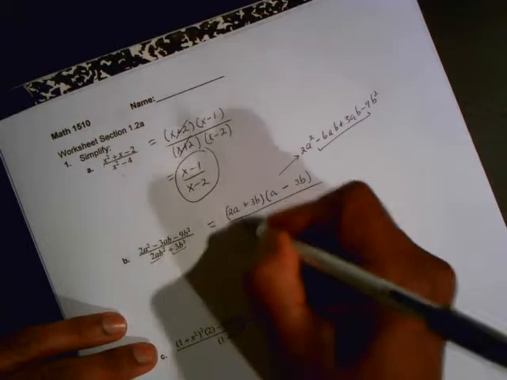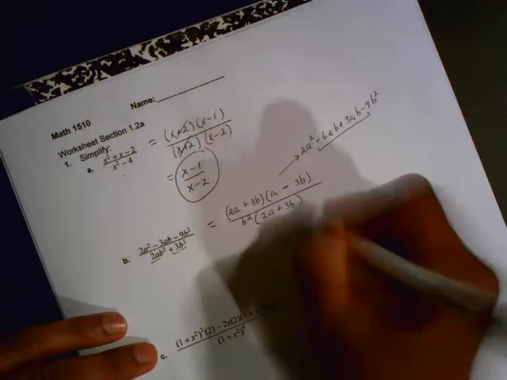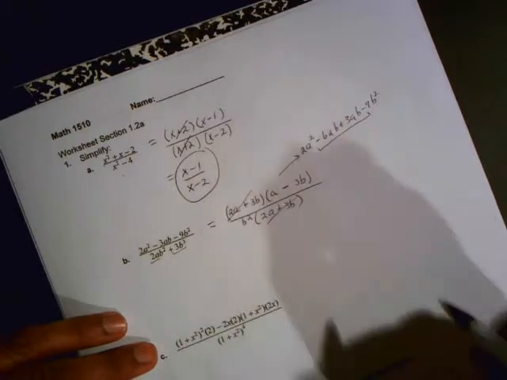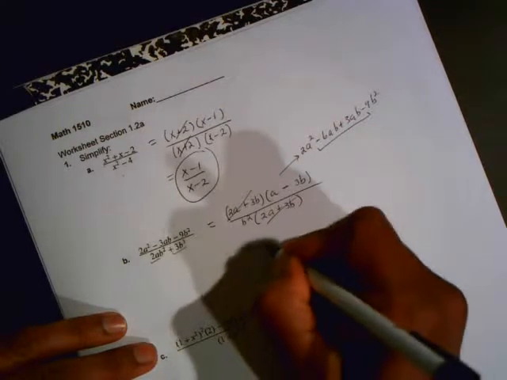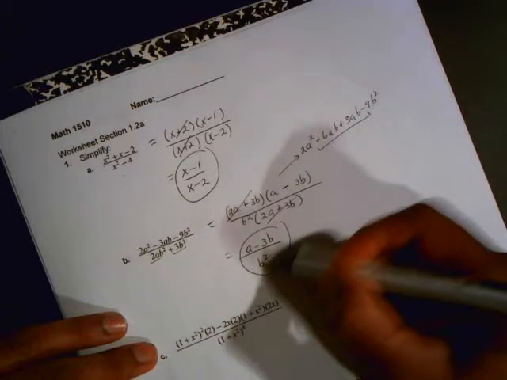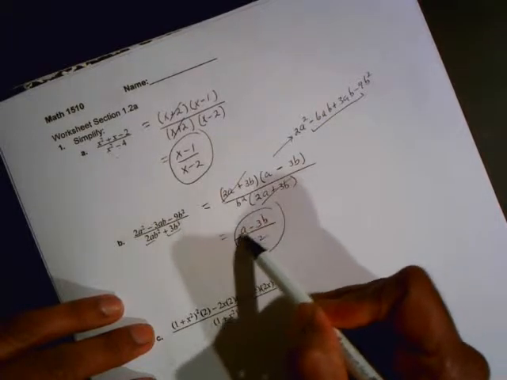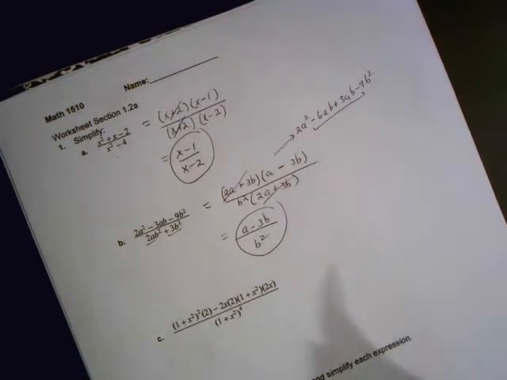There's a b squared that is common, but you're left with 2a plus 3b. So these 2 cancel out, and you just have a minus 3b divided by b squared. Once again, do not cancel the b's because this is connected to this term by means of subtraction.